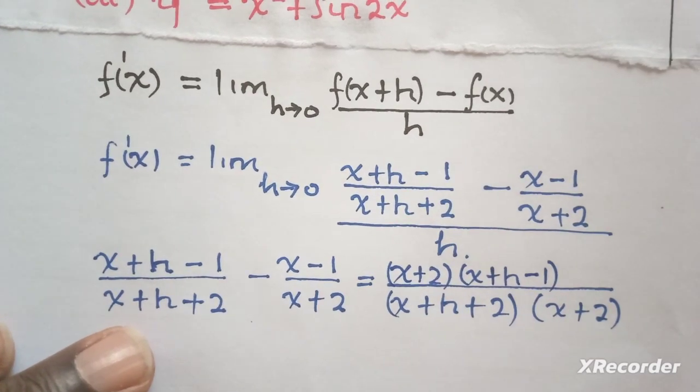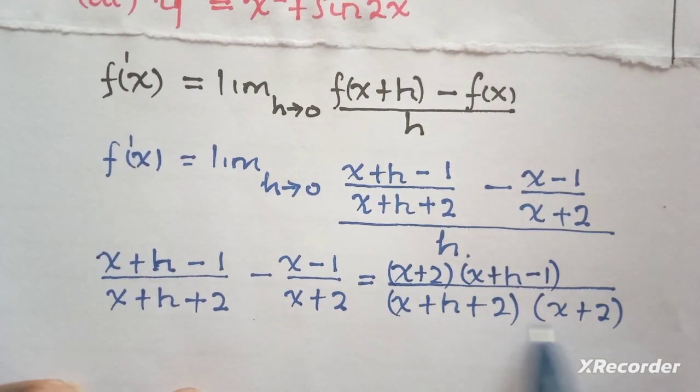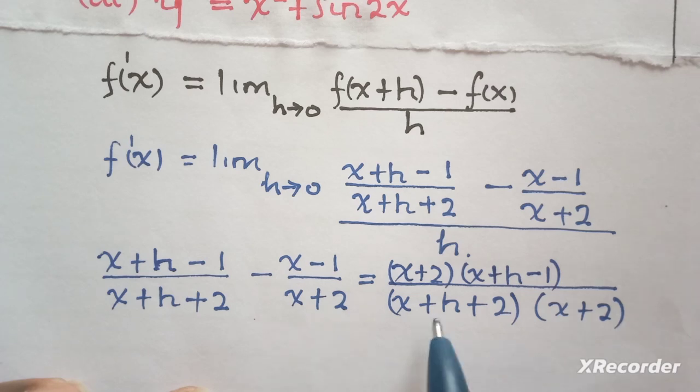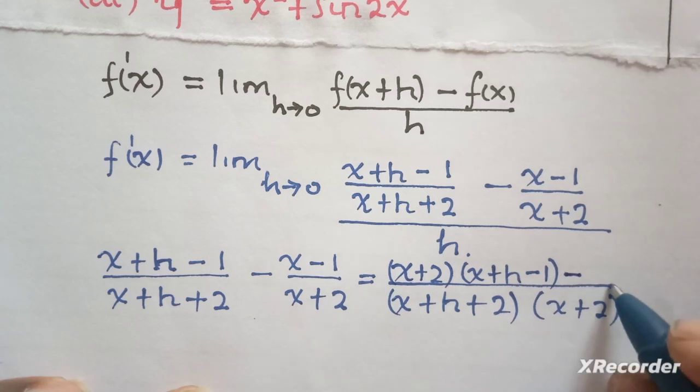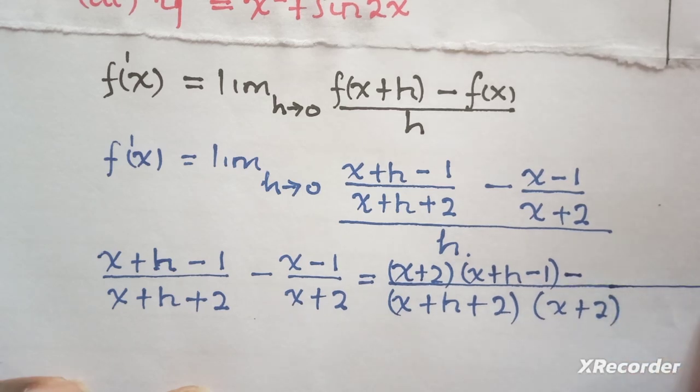Then from there, guys, we say this divided by x plus 2, we shall be left with this, then we multiply by that. So this one will be minus, and remember to put a bracket, guys.